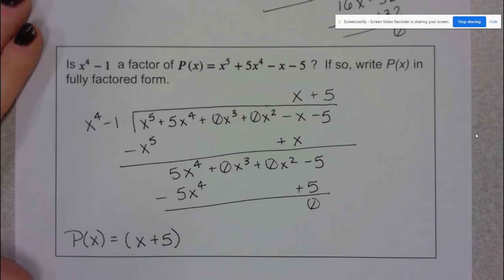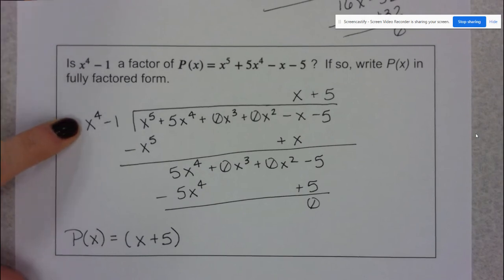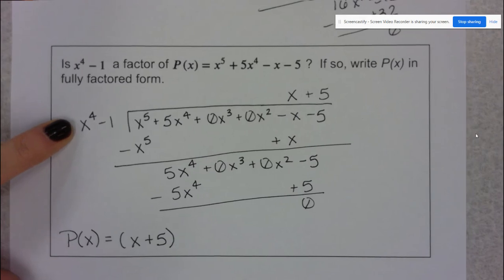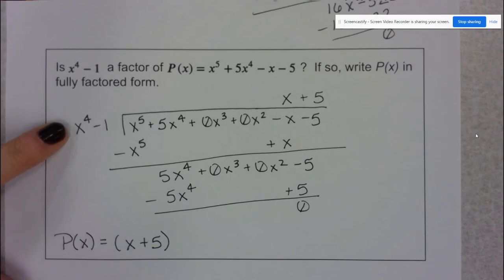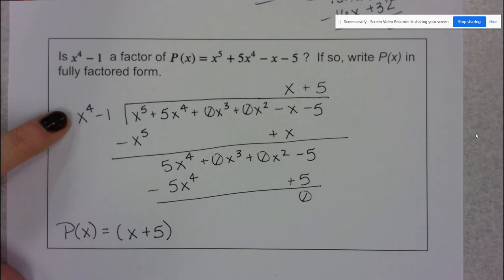So one thing we do have to do is check and see if x to the 4th minus 1 is in fully factored form. Now, if you had me when you were in Math 1, we talked about how to factor something that had perfect squares.